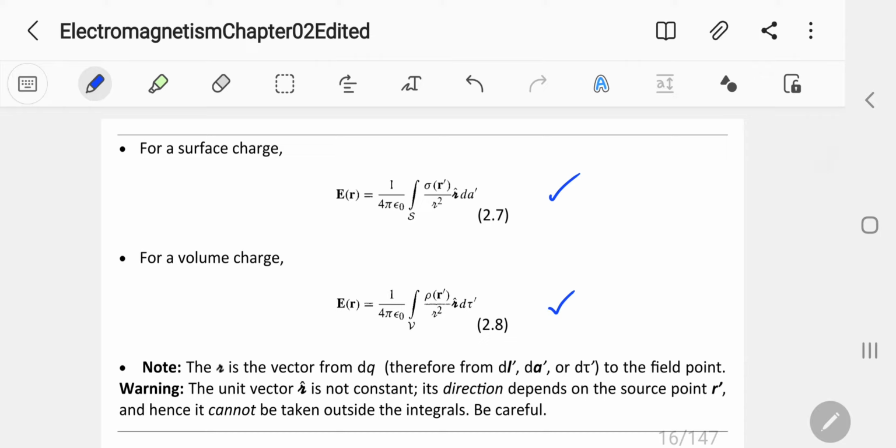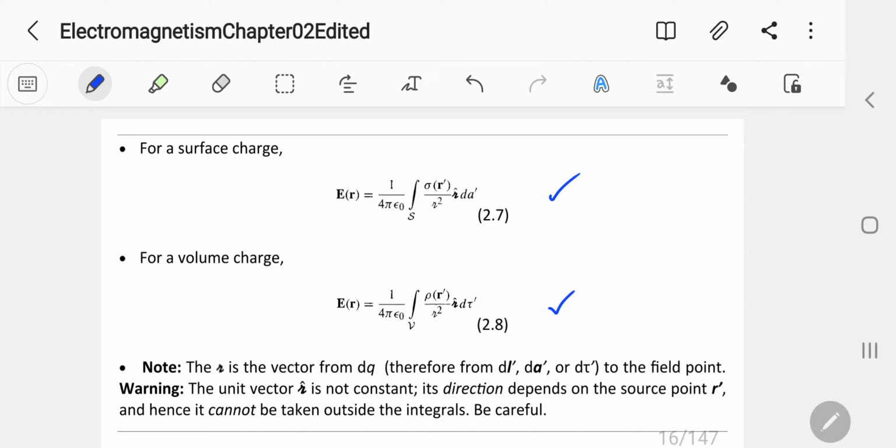There's an important note here. The scripted r is the vector from dq, therefore that's from dl, dA, and d tau, to the field point, because you will be measuring the electric field at a point away from the distribution of charge.